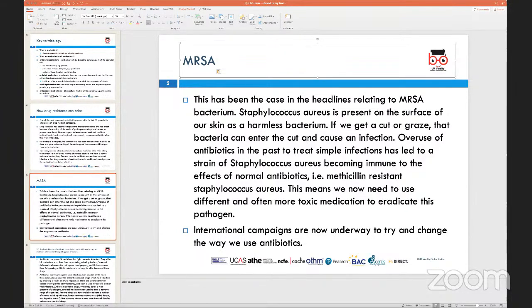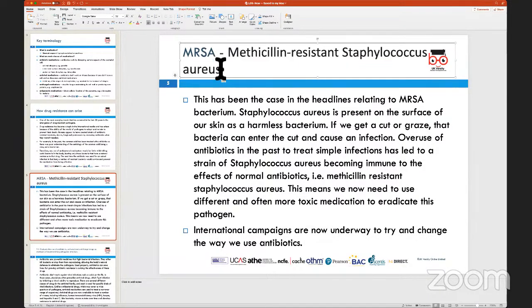So if I look at the definition, MRSA is a bacteria. The full form of the name is methicillin-resistant Staphylococcus aureus. This is a strain of bacteria which typically resides harmlessly on our skin.